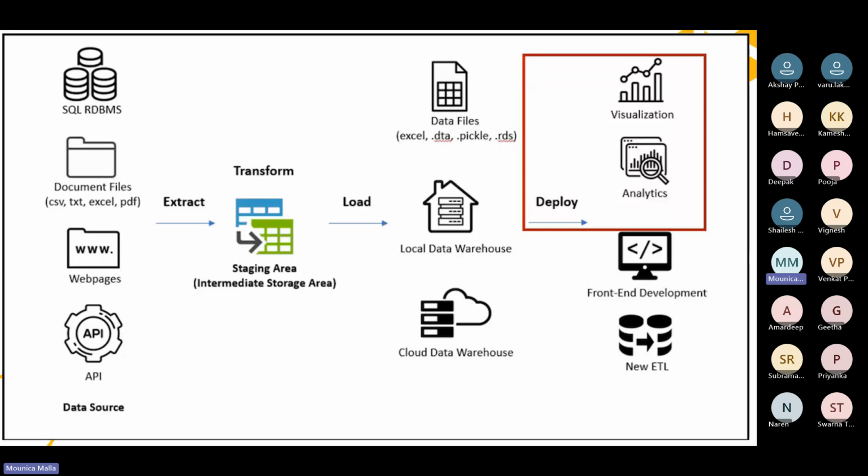So it will be called an intermediate storage area. There you don't do any transformation, simply copy and paste whatever is in the source. That is called the staging area.